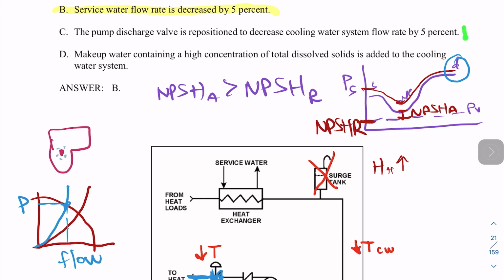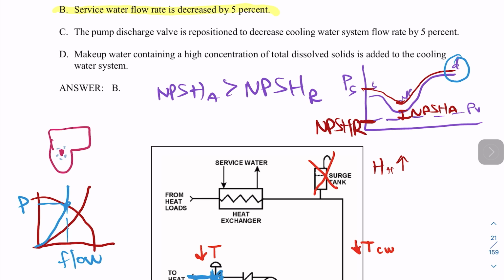So that's good. Now the next one says the makeup water containing a high concentration of total dissolved solids is added to the cooling water system. So now we have water that is dirty, it has dissolved solids. How is that going to affect it?